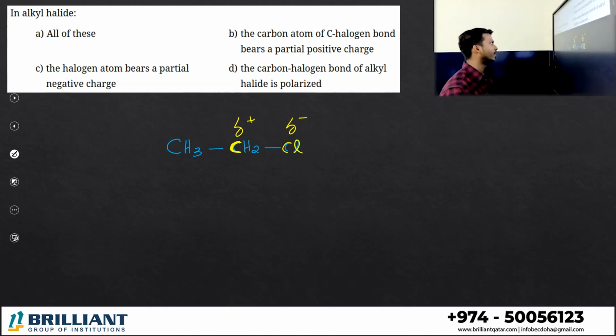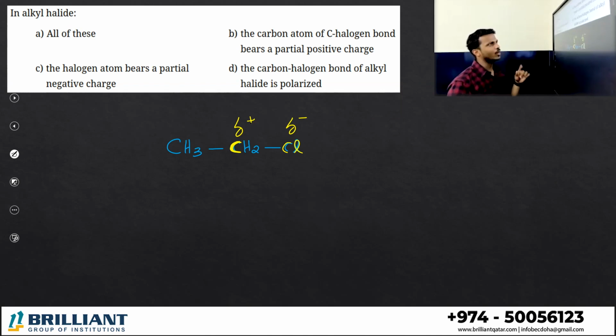What is option C? The halogen atom bears a partial negative charge. Yes, why? Because halogens are electronegative elements. They will try to exist in a negative state, right? They will take more electron density from the carbon-chlorine bond, giving excess negative charge. Option D. There is a chance that all of these options are correct, so let's take option D also.